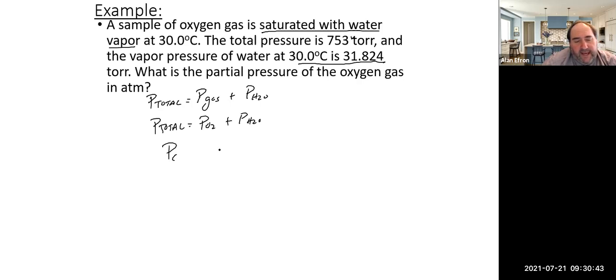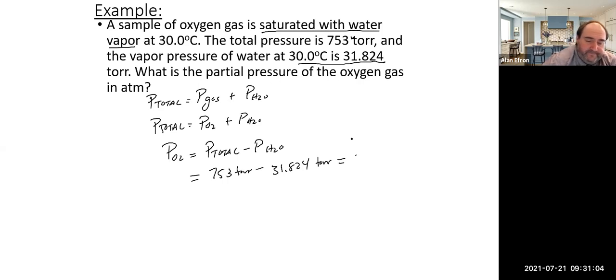Pressure of the oxygen gas is equal to the total pressure minus the vapor pressure of water. 753 was our total pressure. Vapor pressure of water, which would be found by looking it up in the table, 31.824 torr, gives us roughly, we'll call it 721 torr.